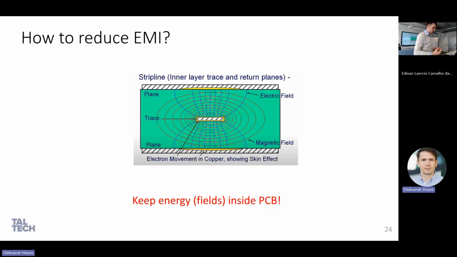This is so-called conductive emission. In the case of radiated emission, it's like this. But still, if you keep all your energy inside the PCB, it's actually not needed to spread out. So this is a universal statement in any case. More questions?